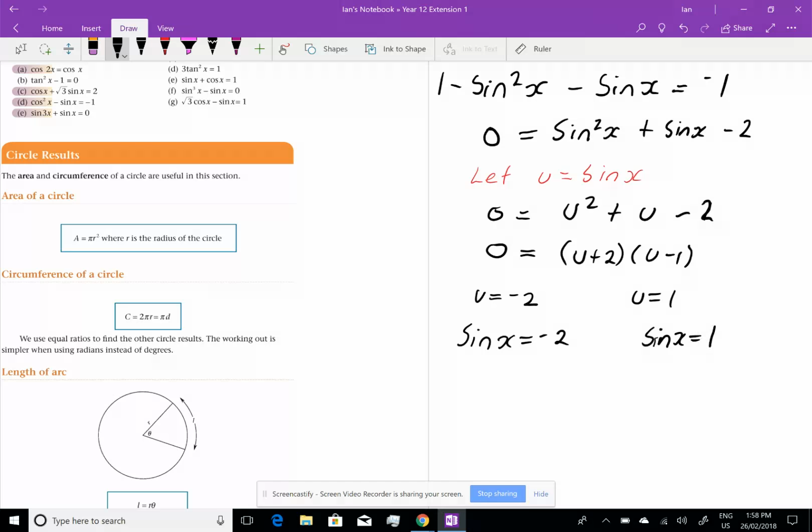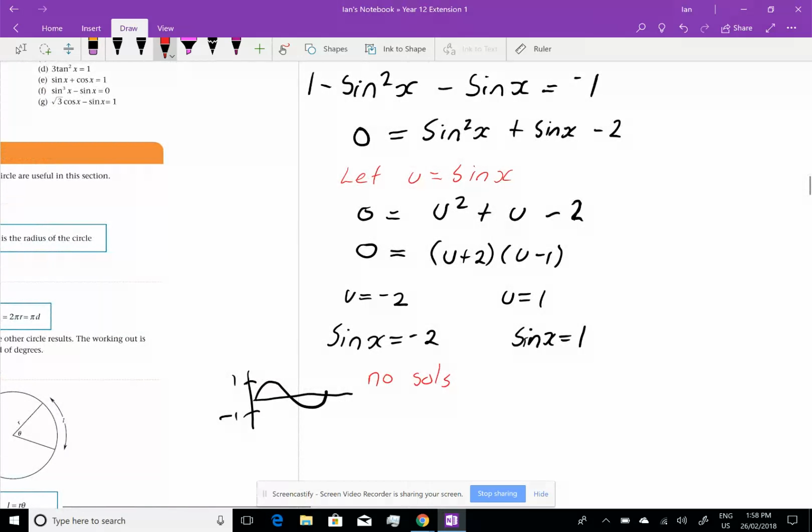And we know from the sine curve that sine x can never equal -2 because it bounces between 1 and -1. So no solutions for that. And when sine x equals 1, that's pretty easy, because we can see from the curve that's when x equals pi on 2.